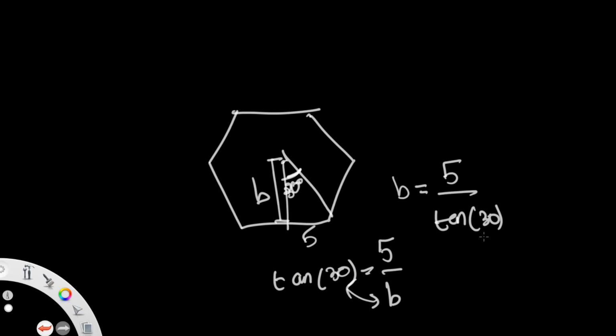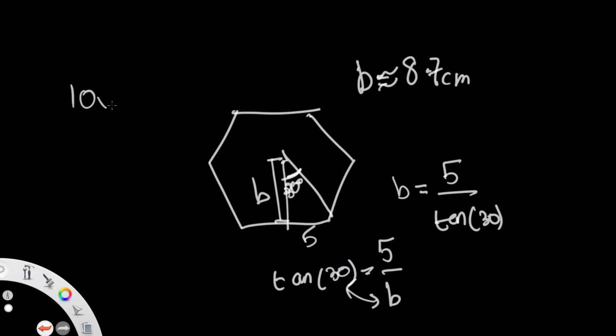So 5 over tangent 30 is 8.66, or approximately 8.7. So the length of B is approximately 8.7 centimeters.